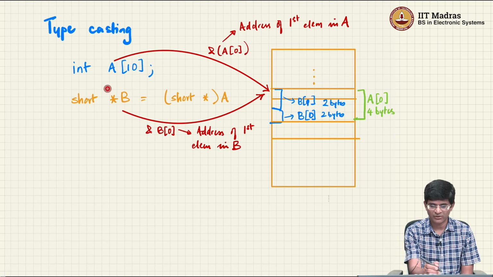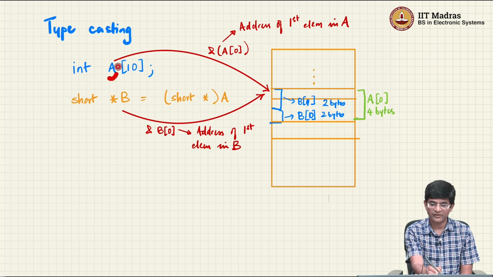An example for that would be, let us say that I declare a variable int A of 10. What this notation means is, A is an array consisting of 10 elements, which means that A itself is actually a pointer. What does it point to? It points to 10 elements of type integer.